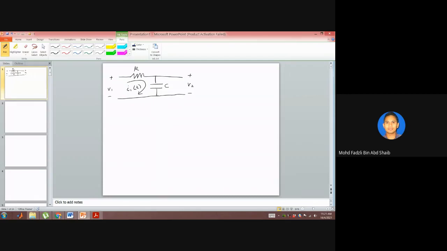Now we need to change to the S domain. How? We need to draw the same thing again.